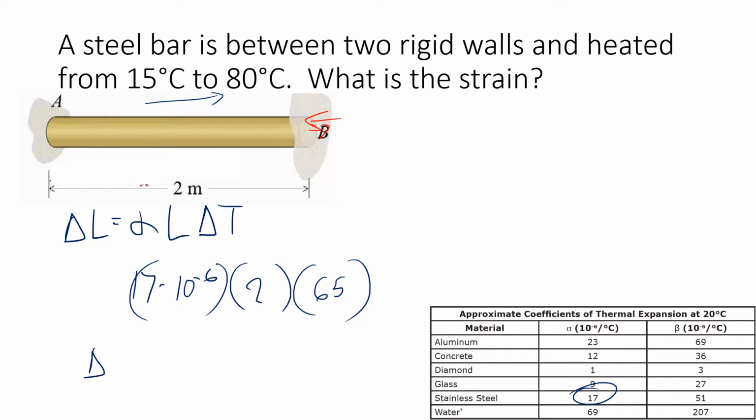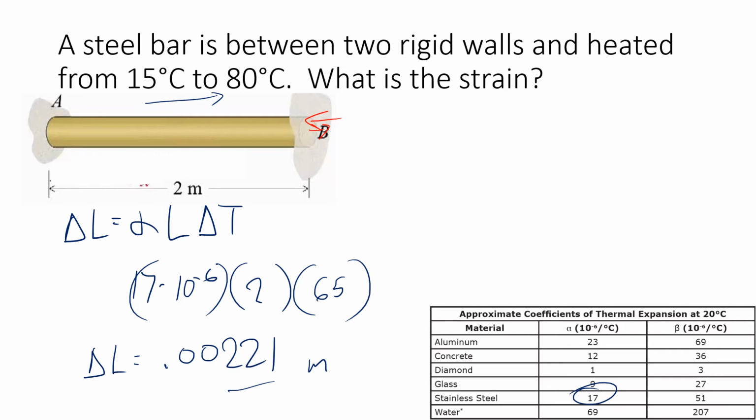Okay, so that means our delta L is going to be 0.00221 meters. Sounds good. Now the only problem is the walls aren't going to budge. So they are going to be actually squeezing it together by 0.00221 meters.